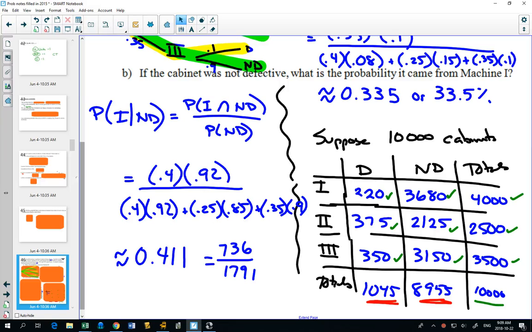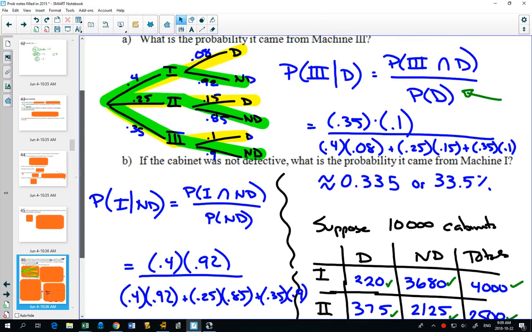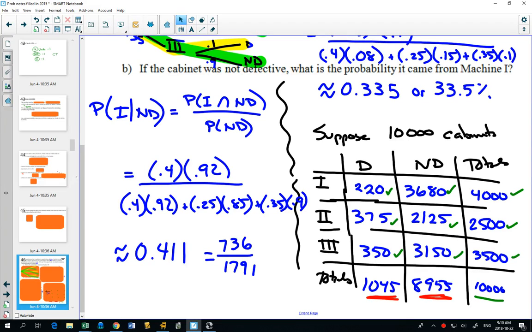Remember our first question said, given that it was defective. So now if you're thinking in terms of 10,000 cabinets, the fact that you're told that it's defective means you're choosing out of this 1,045. How many defective ones came out of machine 1? Or which one? No, question 1 was machine 3, right? That's yours, Natasha. Machine 3. Let's look.